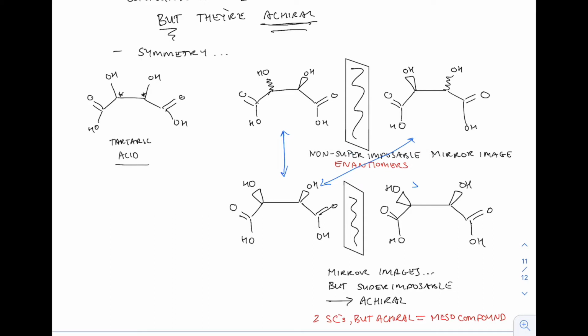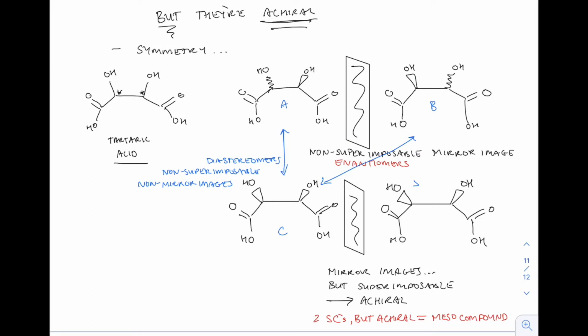But the bottom compounds are diastereomers of the upper 2 compounds because they are non-superimposable, non-mirror images of those 2. So technically A and B are diastereomers of C. Non-superimposable, non-mirror images, aka diastereomers.